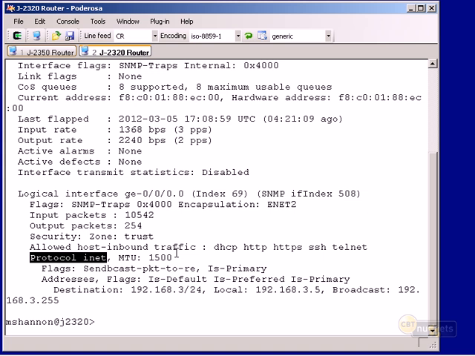That's a logical property of the interface, which could be modified, because other families would be, let's say, inet6, which is IPv6. There's also the MPLS family for multiprotocol label switching, which I might do on this interface. I might even do IS-IS on this interface, so it would be family ISO.